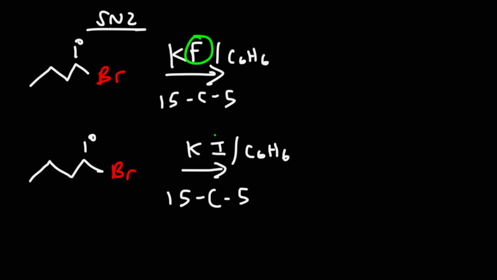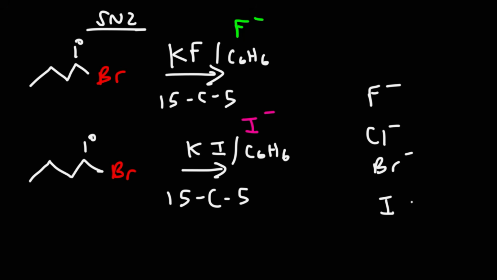Since the only difference is the nucleophile, the question is really, which nucleophile is better? Which one is going to be more reactive? Is it iodide or fluoride? The answer has to do with the choice of the solvent. In a protic solvent, iodide is going to be the better nucleophile.